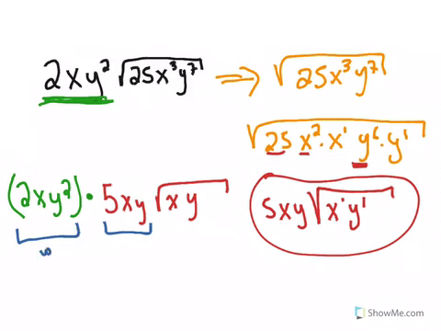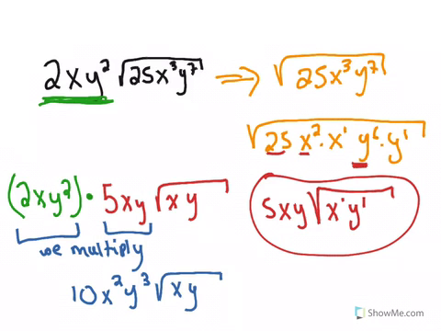So we multiply here. And remember the rules of exponents. When you multiply, you add the exponents. So that will be 10 x squared y cubed, square root of xy inside the radical. And that will be your answer for that example.